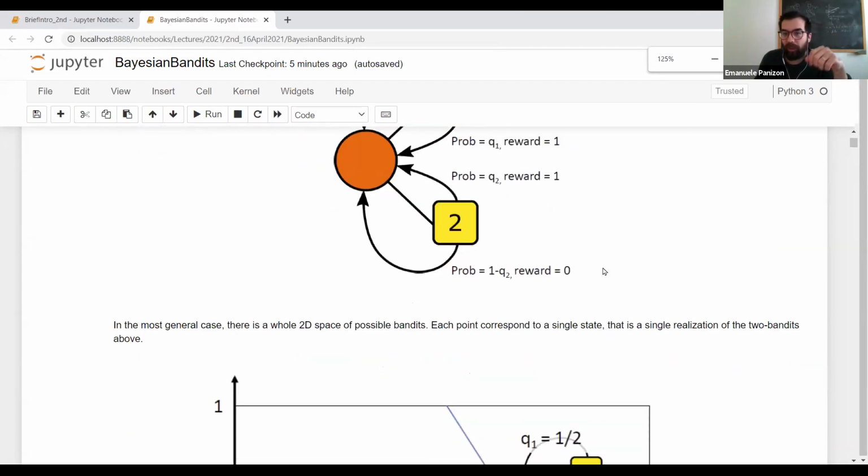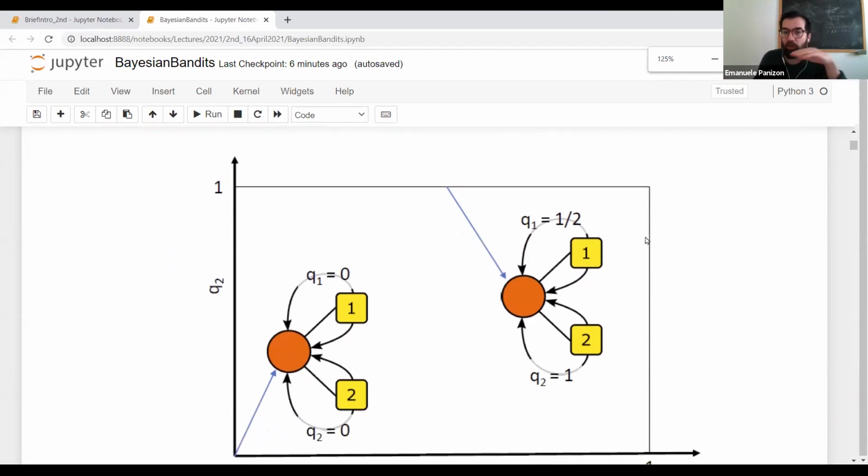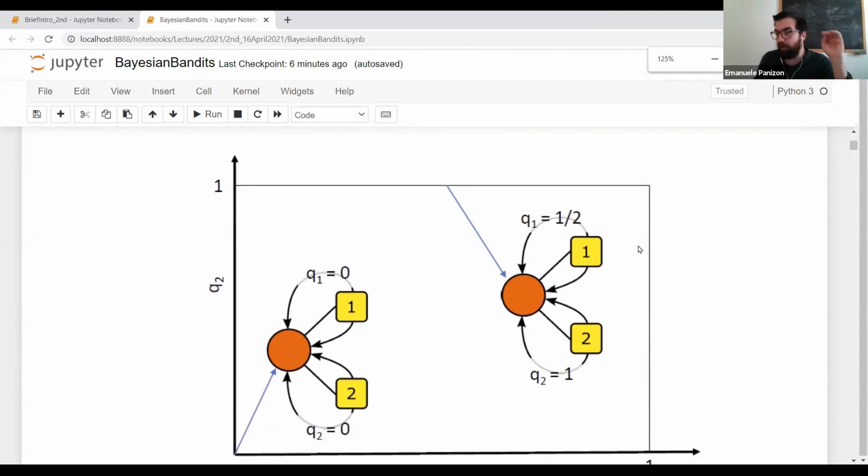Now, since we have two coins with two different probabilities, and we assume from now on that the two coins are perfectly independent of each other, there is a whole space of possible cases, of possible states, which are the couples of the two probabilities. In particular, we have this square here, 0 to 1 probability of one coin, 0 to 1 probability of the other coin.